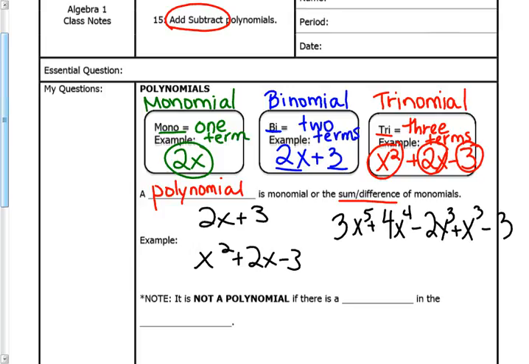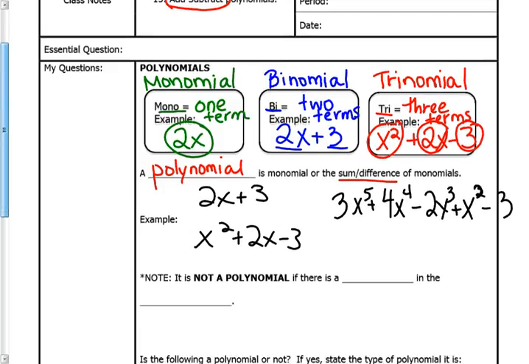We wouldn't call this a quintinomial or anything like that. We would just call this a polynomial altogether. Okay, so we have monomial for one term, binomial for two terms, trinomial for three terms, and then anything over that would just be considered a polynomial. Poly means more than one.